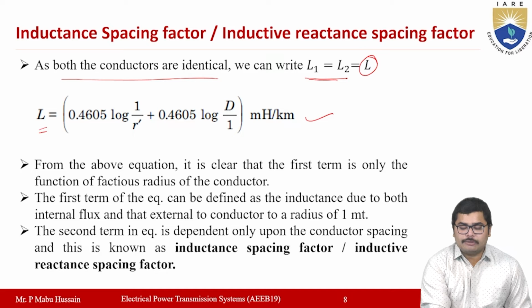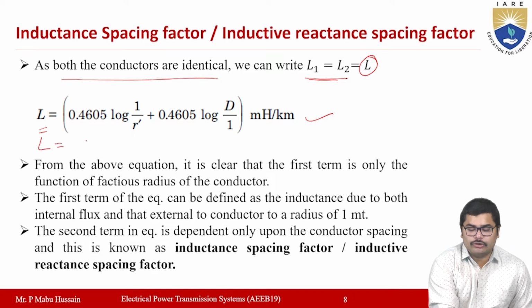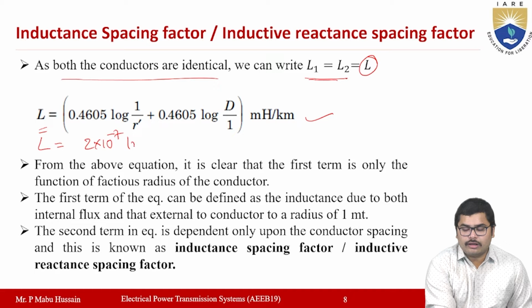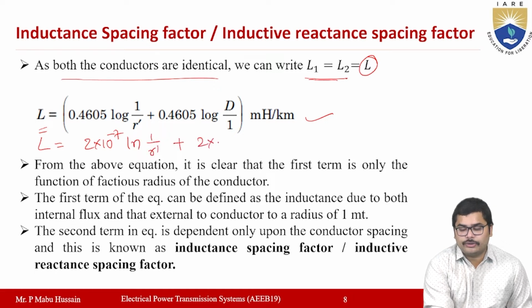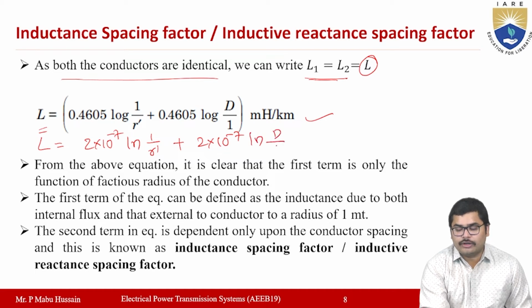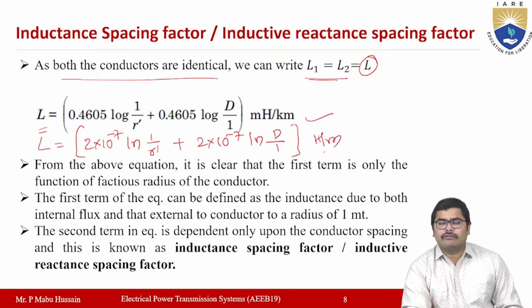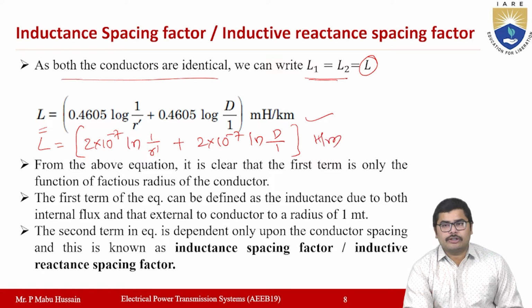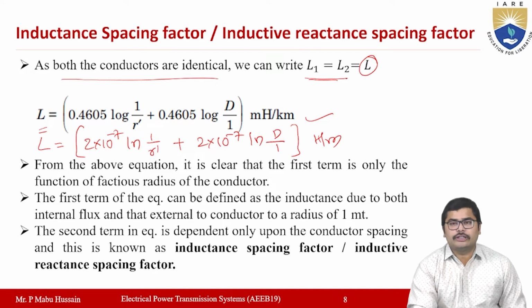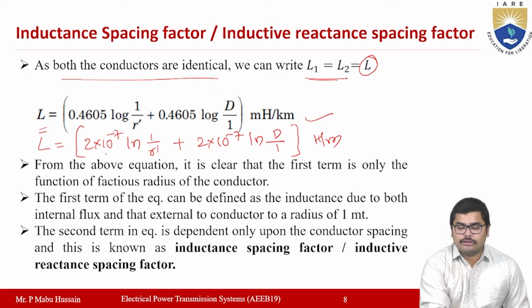If it is in henries per meter, the value will be L is equal to 2 into 10 power minus 7 ln 1 by r dash plus 2 into 10 power minus 7 ln d by 1. Whether it is millihenries per kilometer or henries per meter, both the equations have two terms.